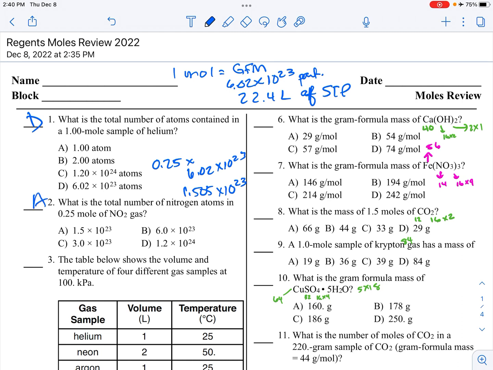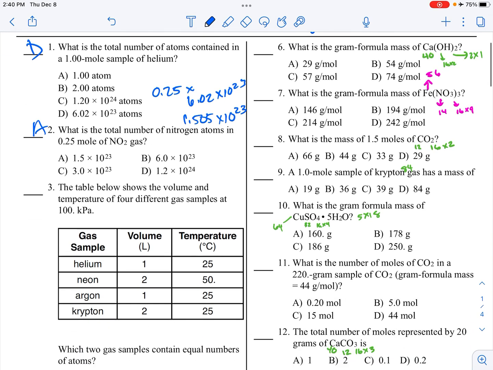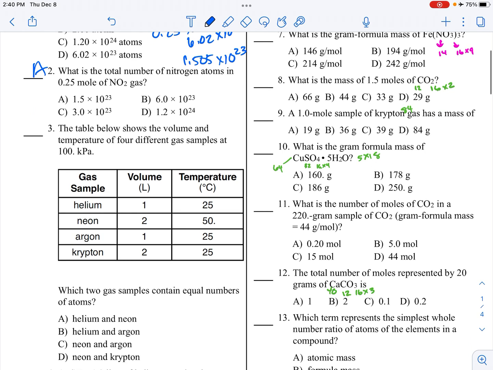It's choice A. All right, the table below shows the volume and temperature of 4 different gas samples at 100 kilopascal, almost standard pressure, which would have the equal number of atoms.